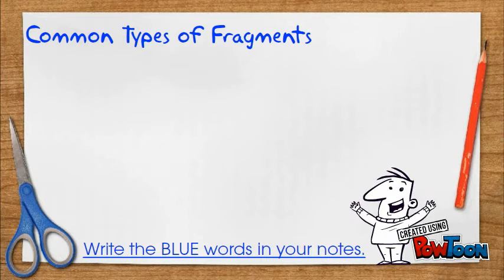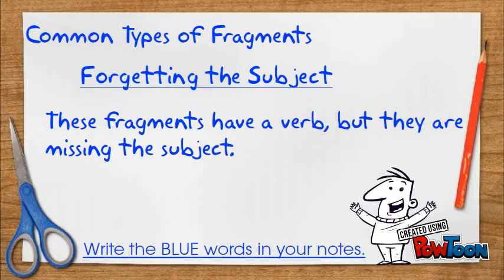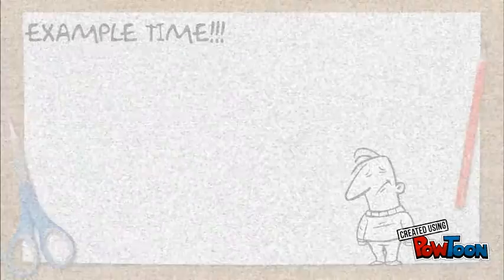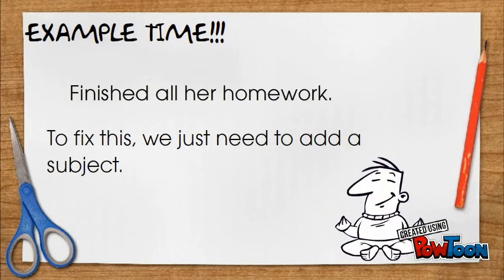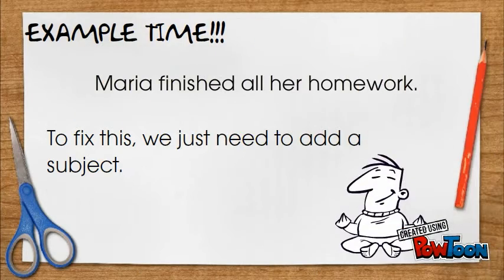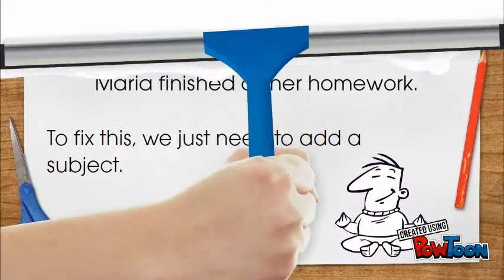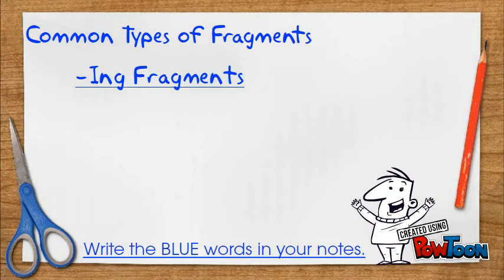Another common fragment error is when we forget to add the subject. These fragments have a verb but are missing a subject. For example, finished all her homework. To fix this, all we need to do is add a subject. Maria finished all her homework. Good job, Maria. The next common fragment error is called ing fragments.